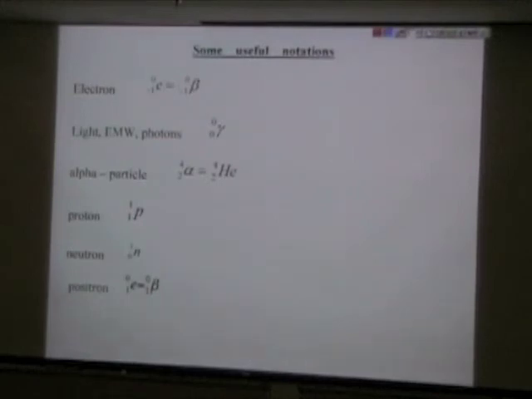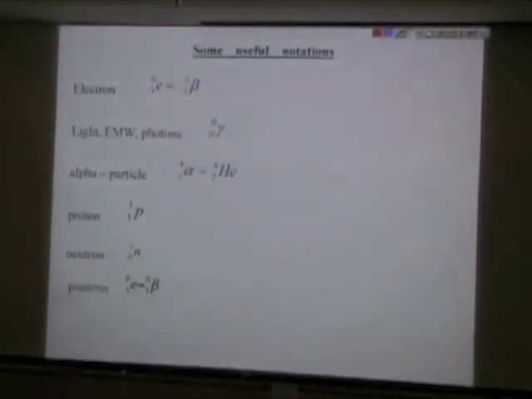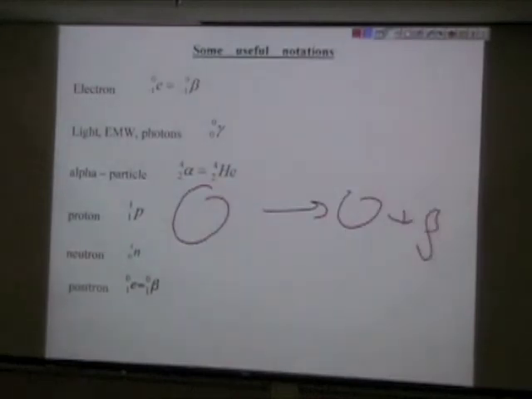And when the beta decay is happening, the result of the decay gives us either an electron or a positron. You can read negative beta decay, you can read positive beta decay. It means that in the end, no matter what had happened here and here, there is a beta particle, either plus or minus.